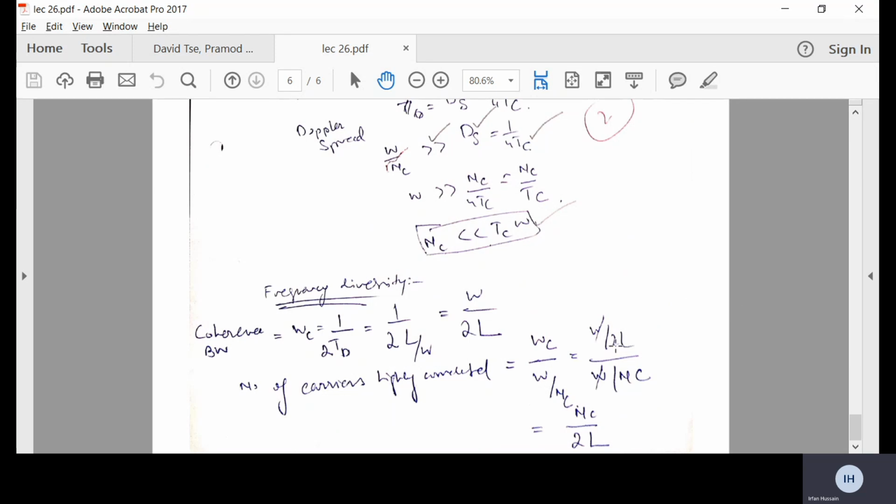If you divide the total correlated bandwidth by the spacing, you will get those carriers that are correlated. Because you are dividing the coherence bandwidth by the carrier spacing, it comes out to be NC over 2L. So this number of carriers will be highly correlated.